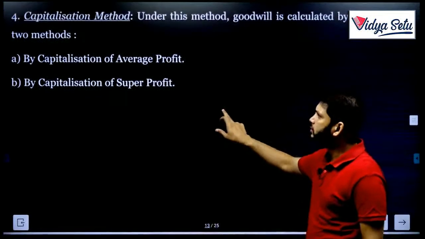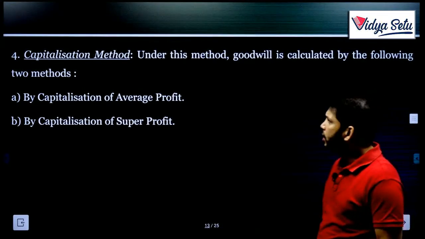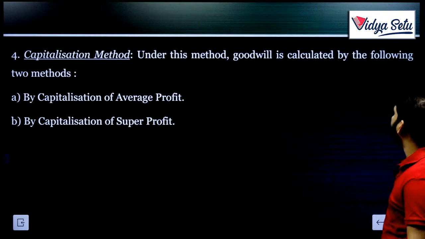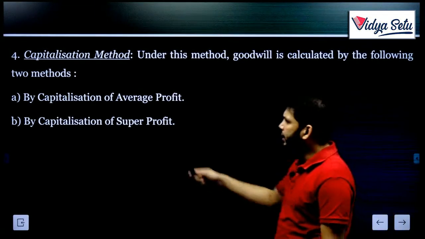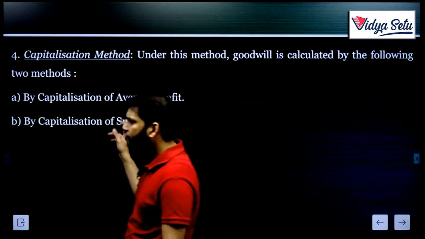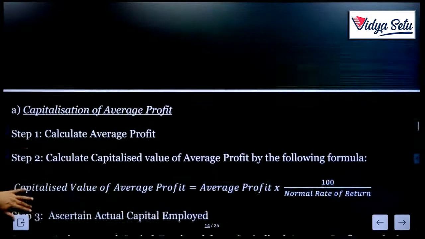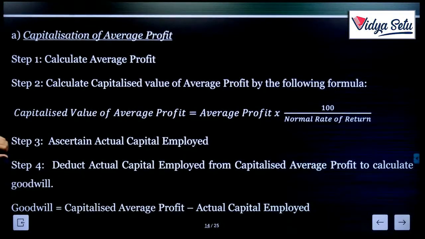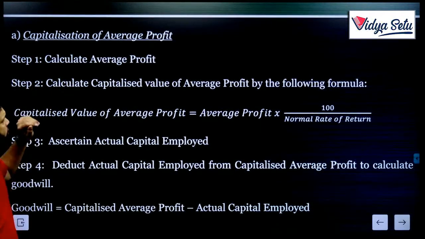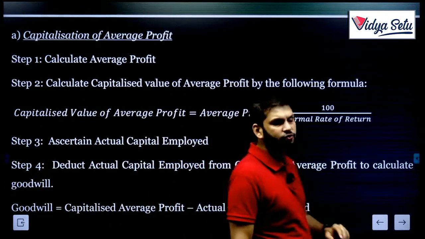And the last method is capitalization method. Now under this method, goodwill is calculated by the following two methods: by capitalization of average profit and by capitalization of super profit. So let's see. Capitalization of average profit steps: calculate average profit, then calculate capitalized value of average profit by the following formula.